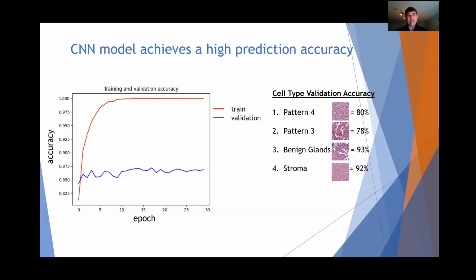And the validation accuracy values by cell type were 80% for the grade pattern 4, 78% for the grade pattern 3, 93% for the benign glands, normal prostate glands, and 92% for the stroma.